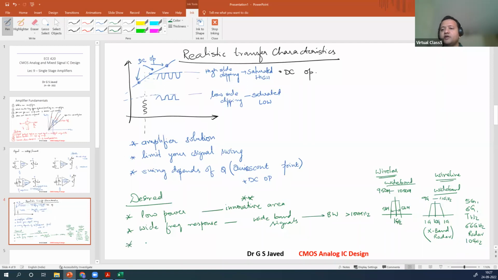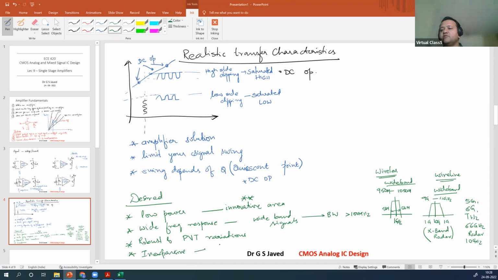Next, compared to all of them, you have to be extremely robust to process, voltage and temperature variations that you see. Last one is they have to be inexpensive.